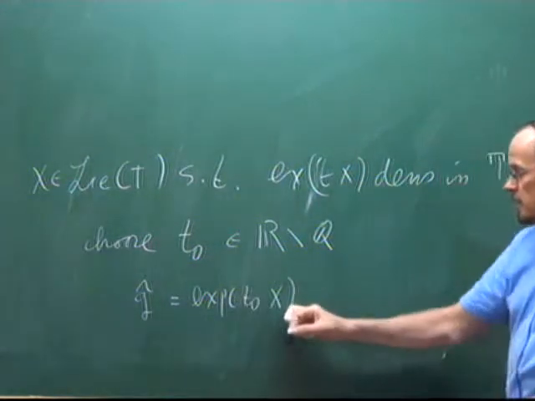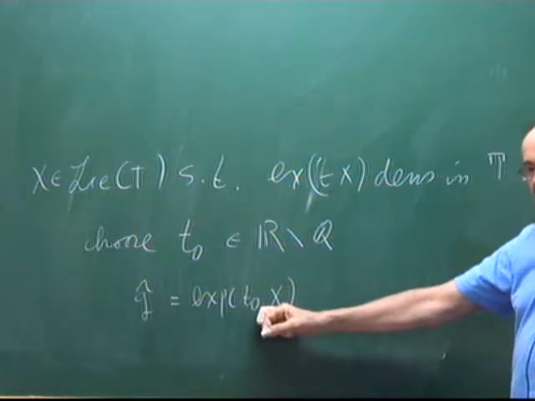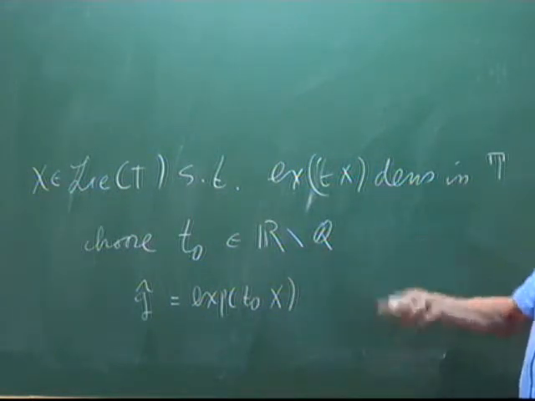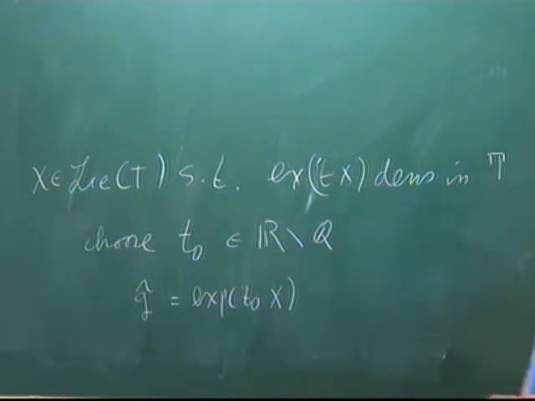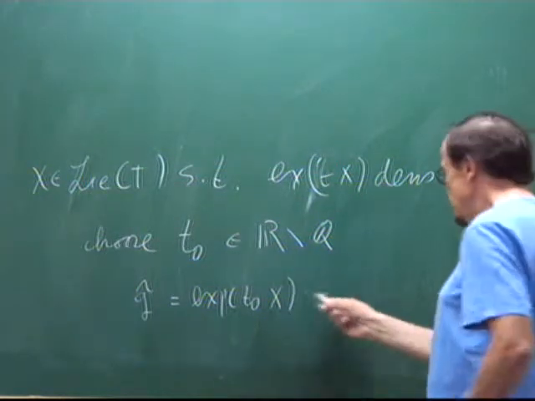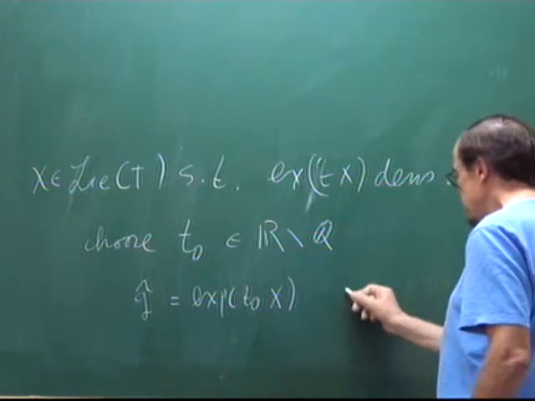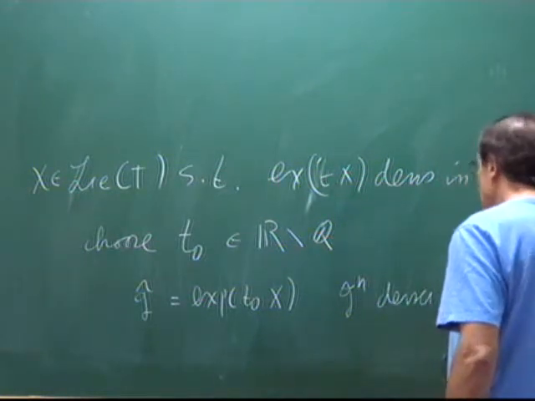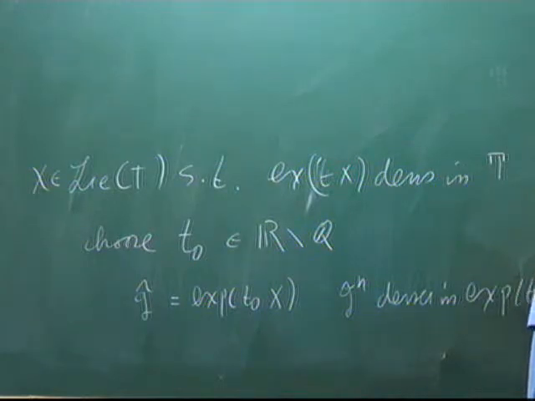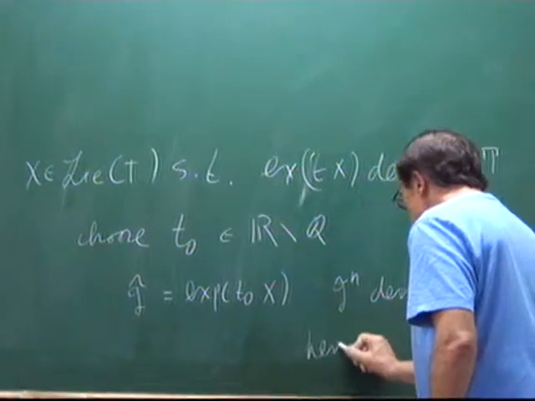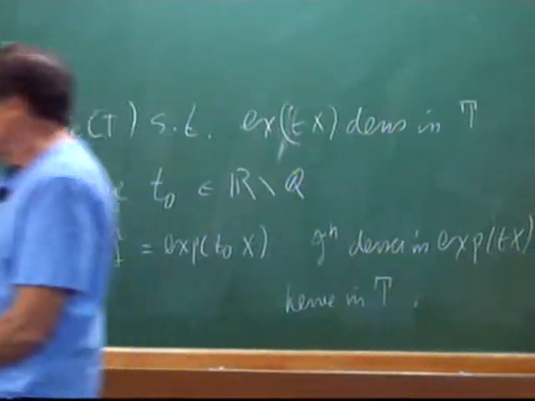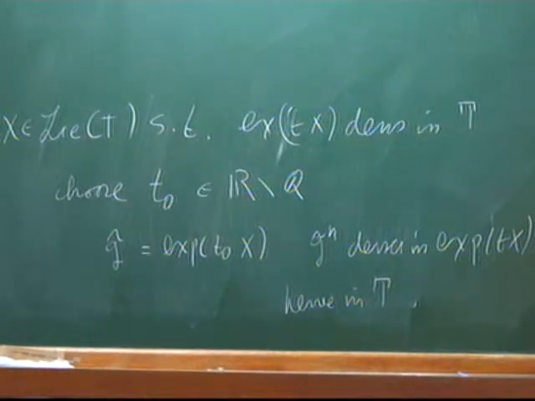So if I take powers of that, it's going to be irrational, it's going to be dense inside the circle, inside this dense subgroup. And therefore this is the element I want. So g tilde to the n is dense in exp of the Lie algebra, and hence in T. So that I can use for a maximal torus.